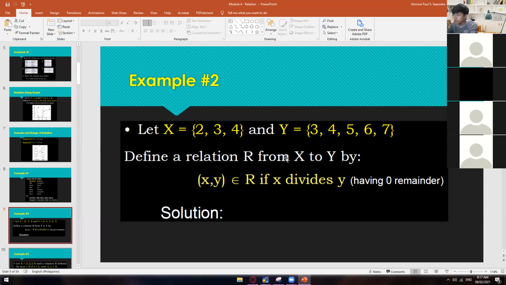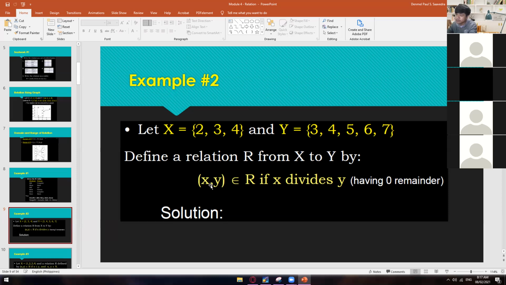So we have here from x to y. So take note, from x to y. Okay, so x first before y. So if this one is from y to x, then you should start with y followed by x. Okay, that is your first condition to form a relation.